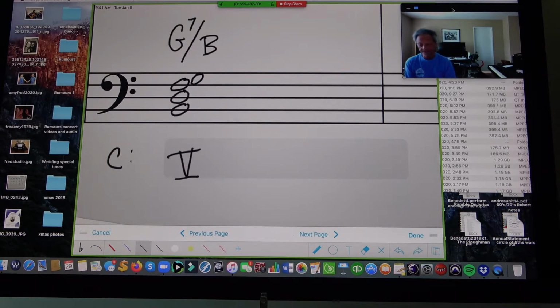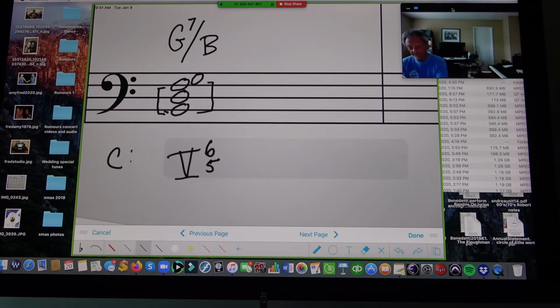Now, the numbering is from the lowest note to the highest note, a 6th. From the lowest note to the next to the highest is a 5. And then next, 3. So the official numbering of a first inversion dominant 7 chord is 5, 6, 5, 3.